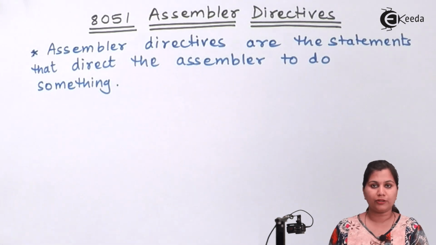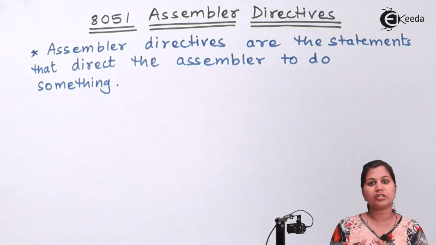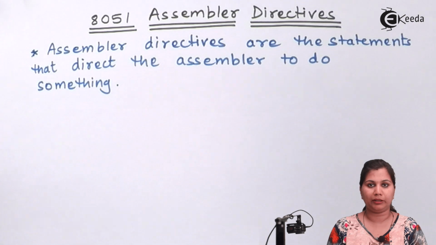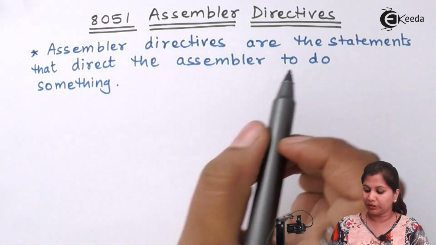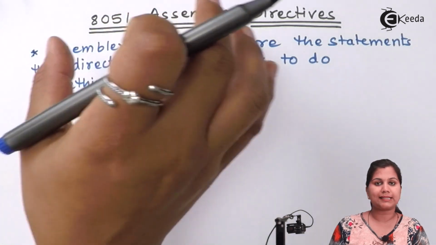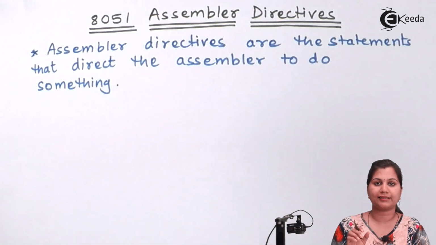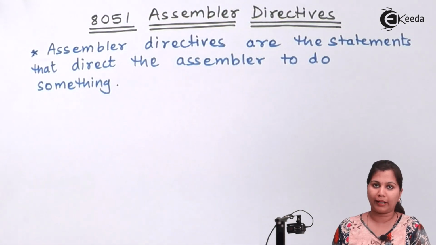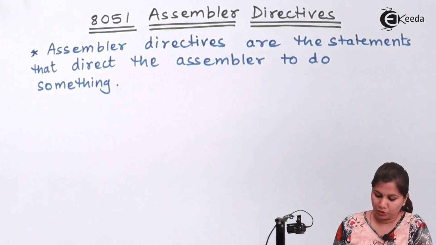They are not executed or converted into machine codes. They are just given directly to the assembler. The assembler performs some operation when an assembler directive is written as a statement in the program.